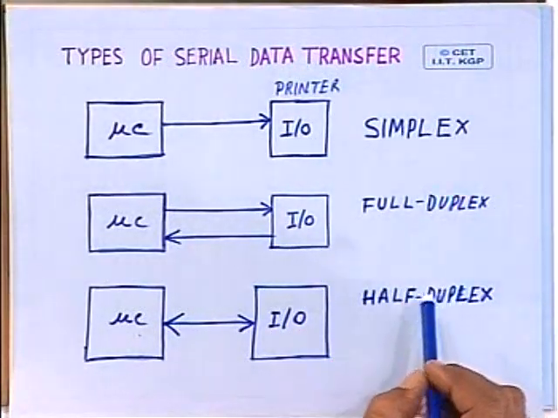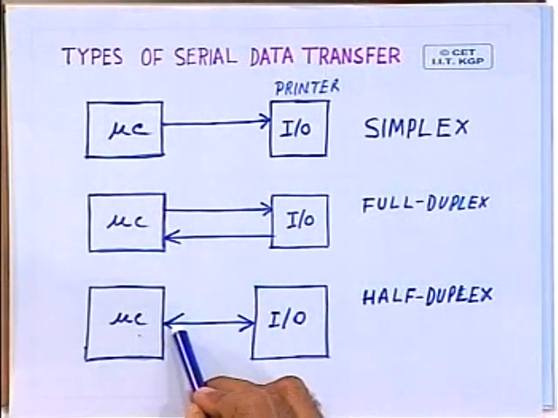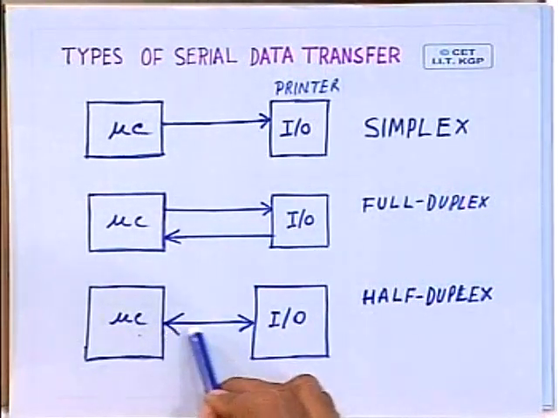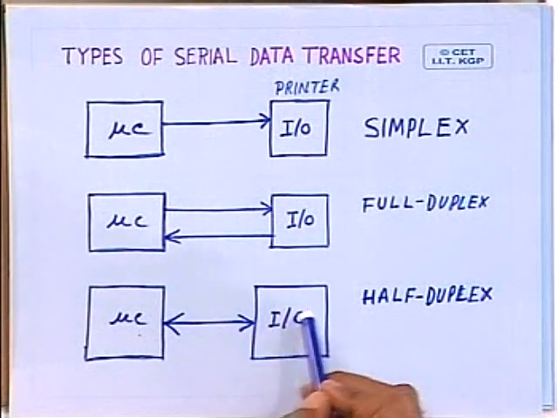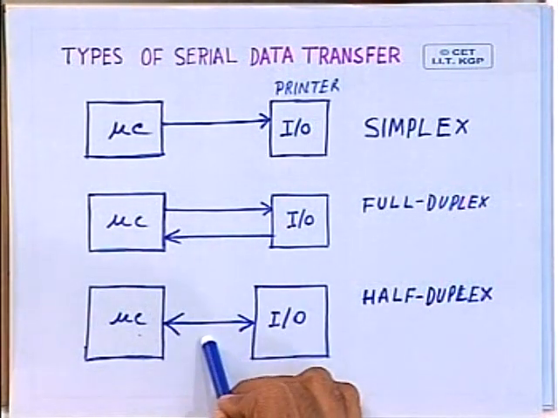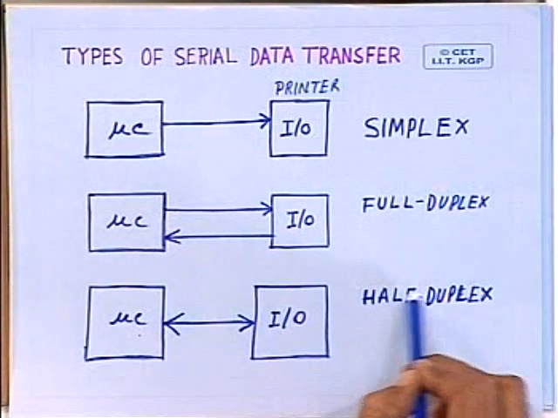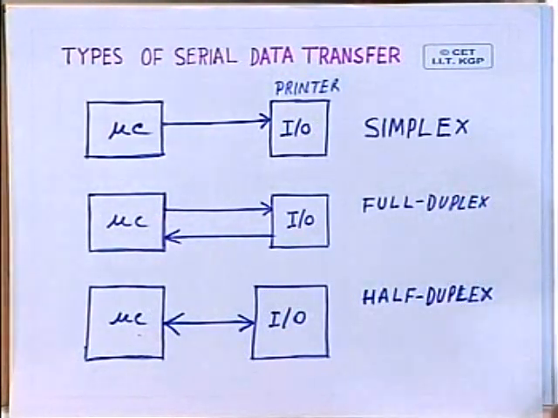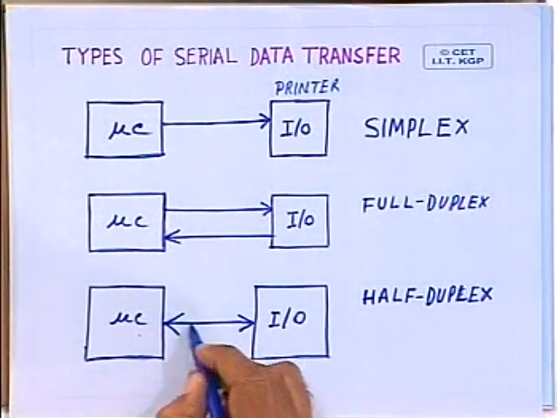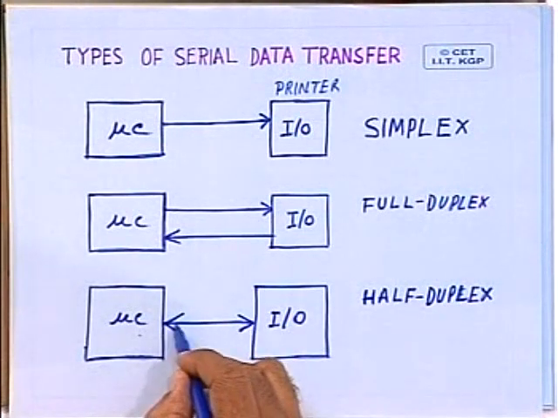However, there are situations where only one line is available for bidirectional communication, and as we shall see, 8051 also facilitates this half duplex communication. So you can see here, using the same line you can communicate from microcomputer to the I/O and I/O to the microcomputer.